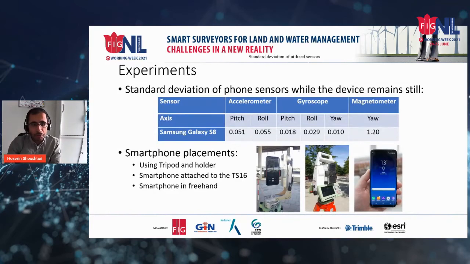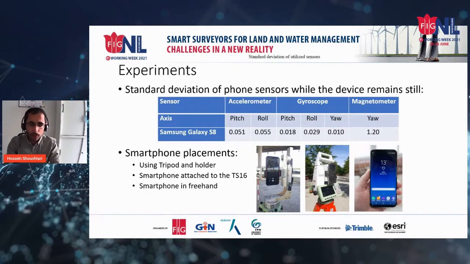Before we started the measurements, we did some preparation. The standard deviation of the phone sensors while the device remains standstill on a table can be seen here in this table for the different axes, which were important for our measurements. Three different smartphone placements were also designed.